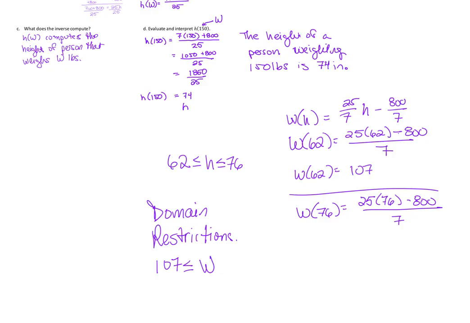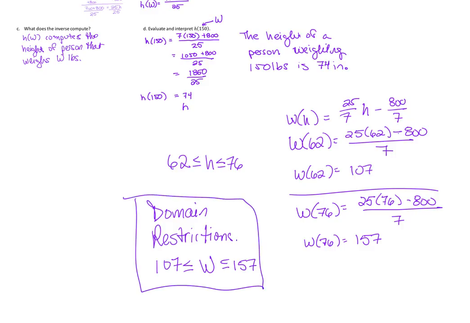If we subtract 800 from that, we get 1100. And if we divide by 7, w of 76 is about 157. And so there are domain restrictions for the inverse function, and that is how you find them.